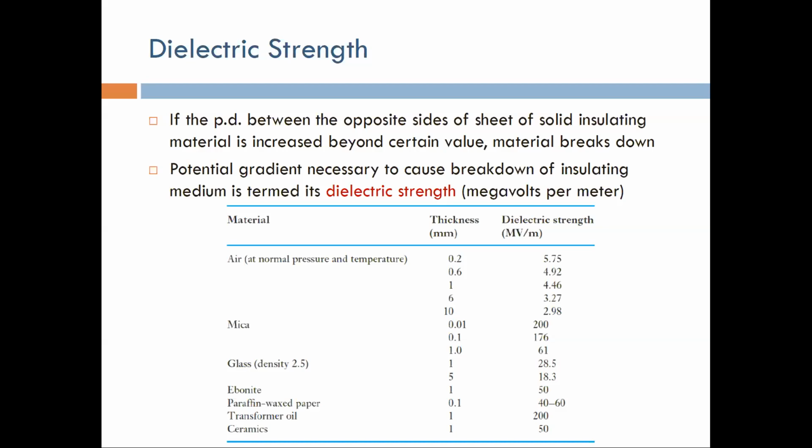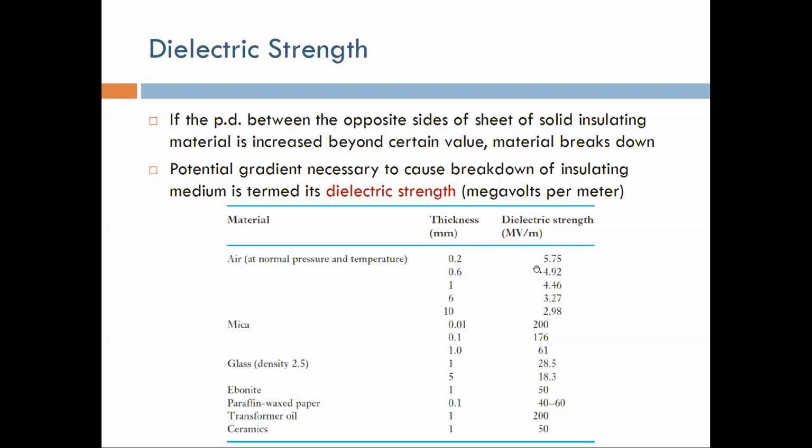For the manufacturers of the capacitors, one of the things besides the force that they determine the rated voltage upon is the dielectric strength. Let me give you some examples. For air, the dielectric strength is given in megavolts per meter. Megavolts per meter means that if you have, for example, 0.2 millimeter thickness, you multiply that by 10 to the minus 3 to get it in meters, and multiply by that to get the voltage in megavolts.